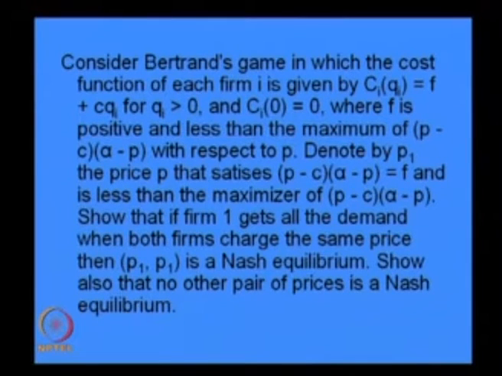Denote by P1 the price p that satisfies (p − c)(α − p) = f, and is less than the maximizer of (p − c)(α − p). Show that if firm i gets all the demand when both firms charge the same price, then P1 is the Nash equilibrium. Show also that no other pair of prices is a Nash equilibrium.